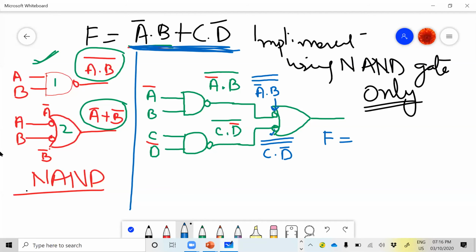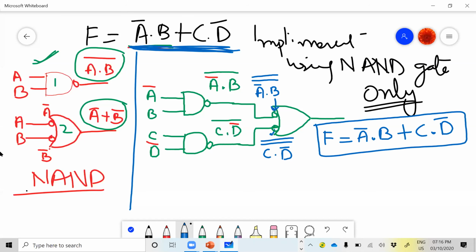So what will I get here? Basically it is like an OR gate, because first it is complementing, then it works as an OR. So what will I get here? A complement plus B, negation of D. Is this the same function which I want to implement?